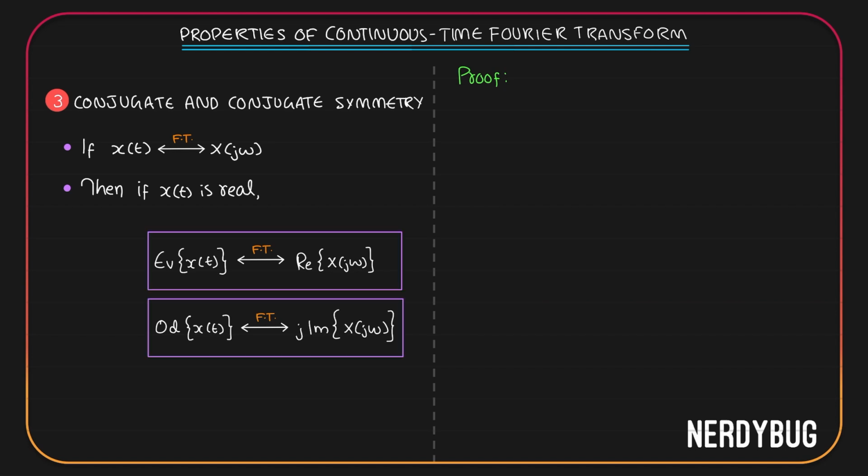Let us prove the first part. Even part of a signal x of t can be written like this. It is simply x of t plus x of minus t divided by 2. Now, what we want is the Fourier transform of even part of x of t.